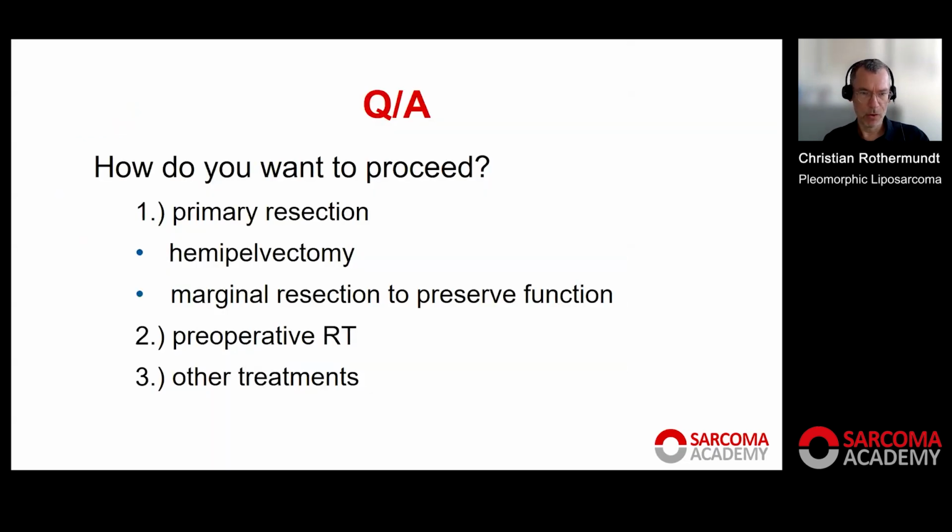So again, how do you want to proceed? Try to resect the tumor anyhow, and do a hemipelvectomy or a marginal resection to preserve function. Proceed with radiotherapy now or any other form of treatment.